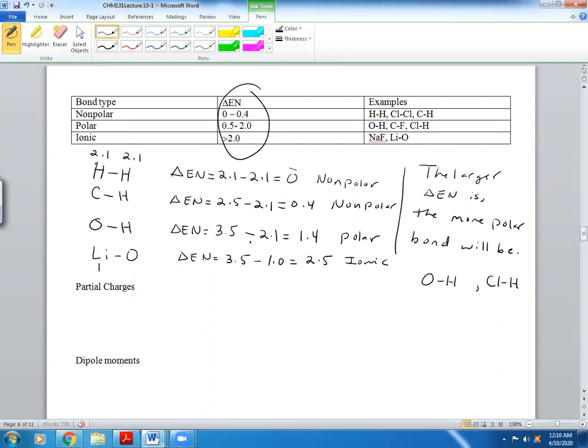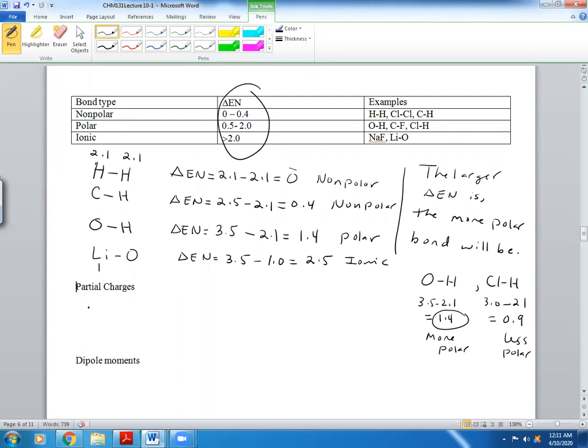Well, we did this already. We got a 1.4 difference. It was 3.5 minus 2.1, and that's a 1.4. Cl is a 3, H is a 2.1. That's a 0.9. So OH has a larger number, so this bond will be more polar, and this is going to be less polar. Be able to rank them, really.